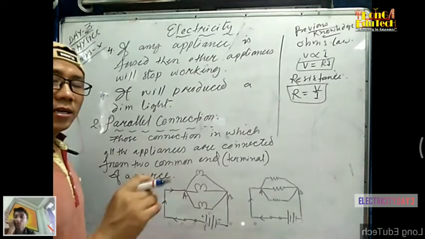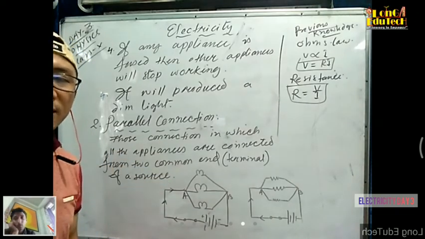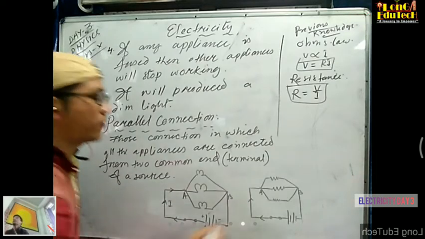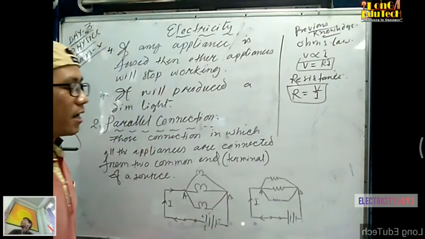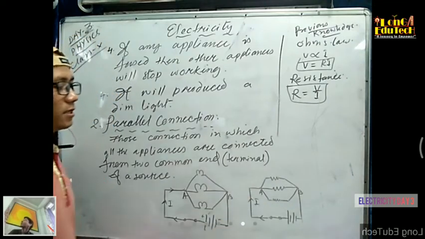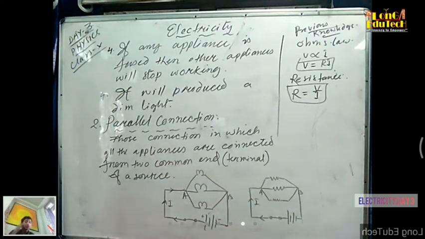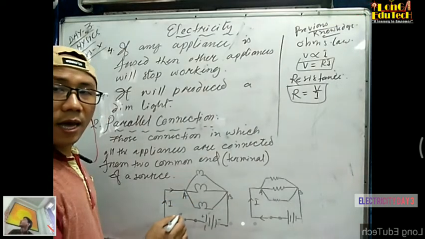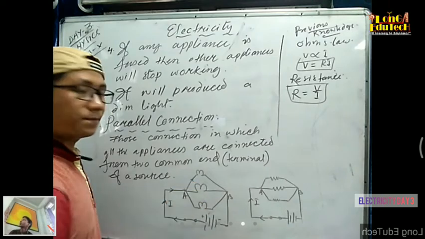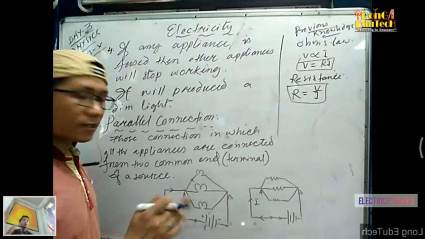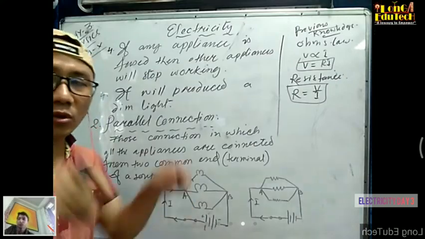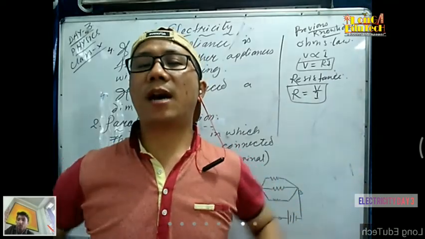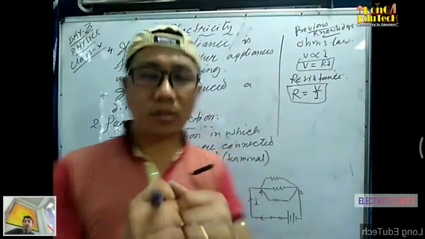So here, to know the characteristics, look here. Up to here the current I flows. Then from here the current comes up to here, and then it is distributed here, because they are connected from two common endpoints. Then my own current, his own current, his own current, each will take its own current.